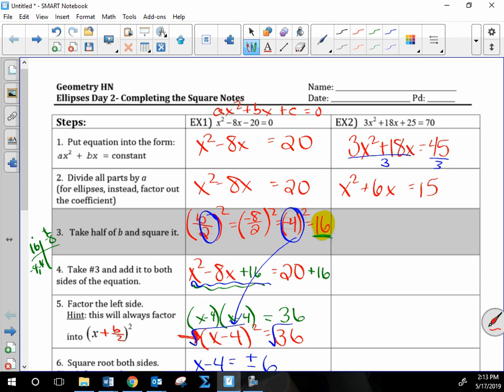All right, time to find our b over 2 quantity squared value. B is 6, divided by 2, quantity squared. This is what we are going to add to both sides of the equation.